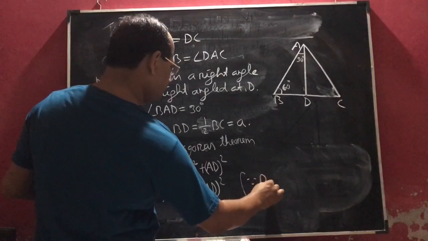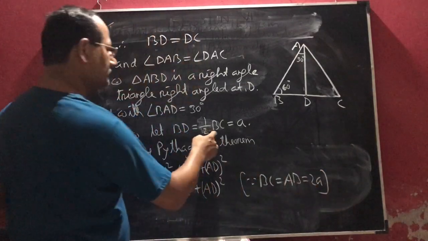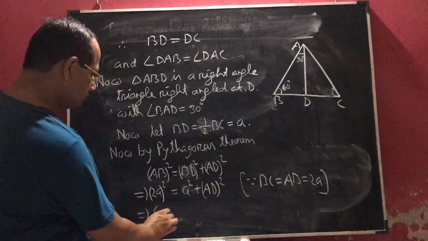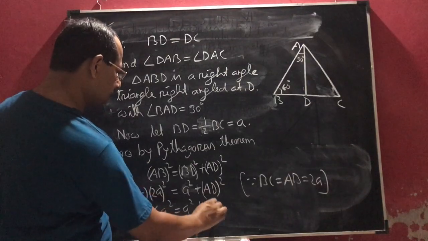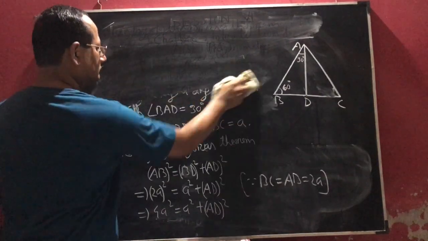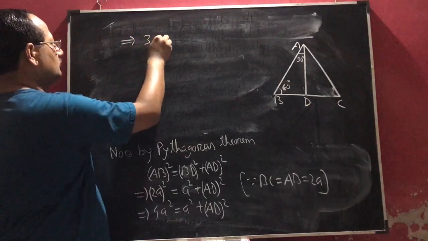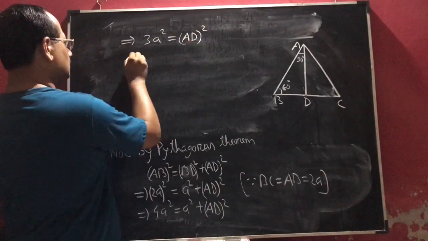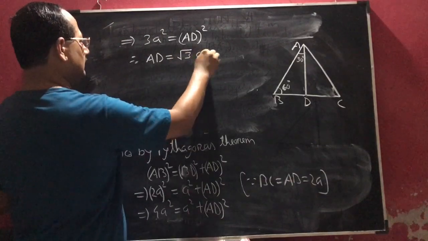Since BC equals AB equals twice a, this implies 4a squared equals a squared plus AD whole squared. This implies 3a squared equals AD whole squared. Therefore AD equals root 3 a.